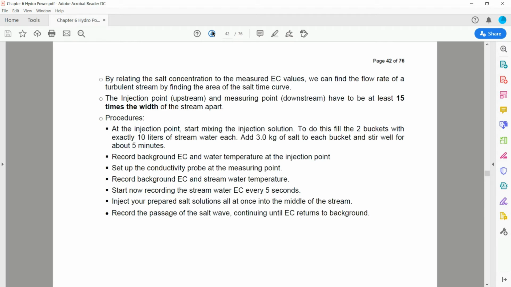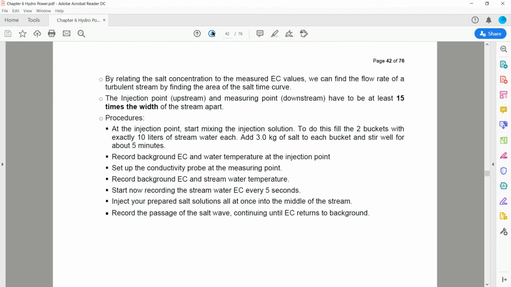And then set up the conductivity probe at the measuring point. So this is the measuring point, not the upstream or injection point. Again, you record the background EC and the stream water temperature at the measuring point. So this is the measuring point, we call it the downstream point.